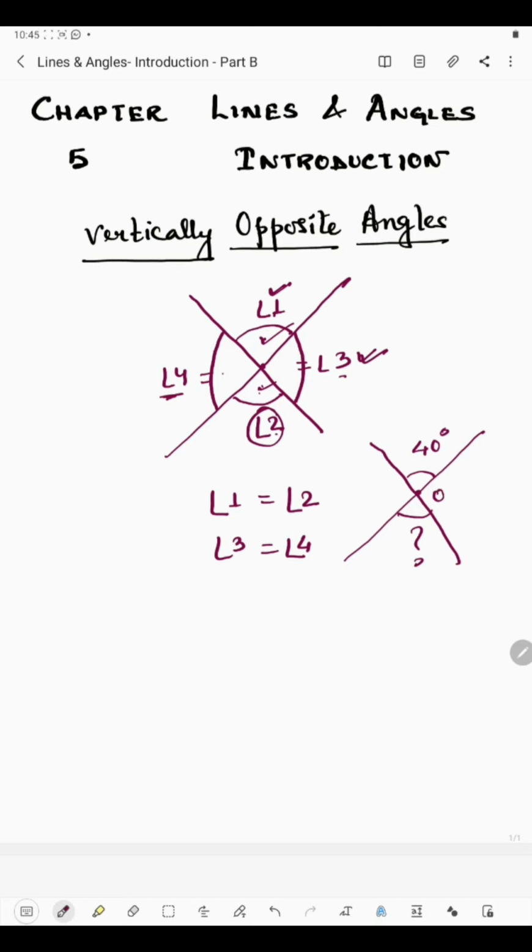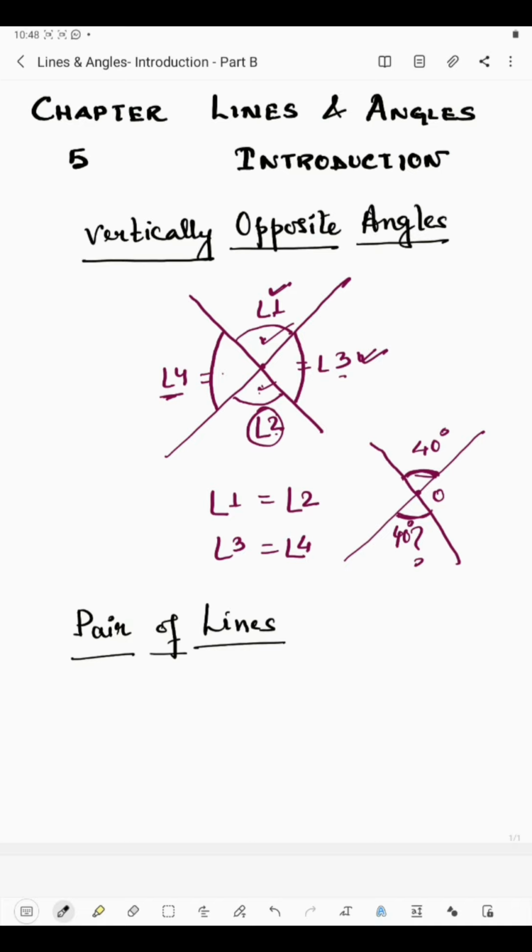Suppose it is point O. Here these two are opposite angles, and according to the property, vertically opposite angles are equal. So if this is 40 degrees, then this also will be 40 degrees, isn't it? So this was all about vertically opposite angles.